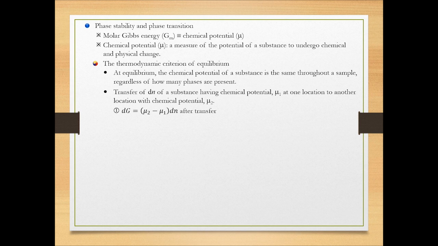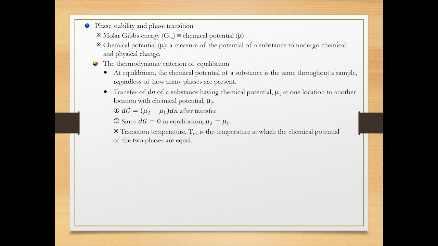Always keep in mind that the chemical potential mu is equivalent to the molar Gibbs free energy. At equilibrium, dG is equal to 0, and dn cannot be 0 after the transfer, and as a result, mu2 should be equal to mu1. Keep in mind that transition temperature T transition is the temperature at which the chemical potentials of the two phases are equal.